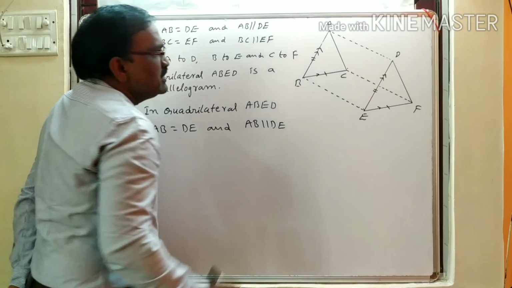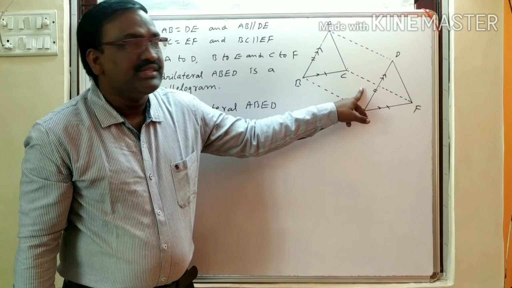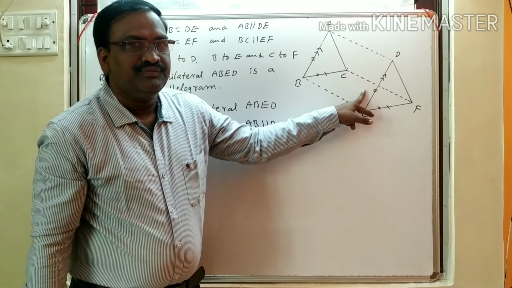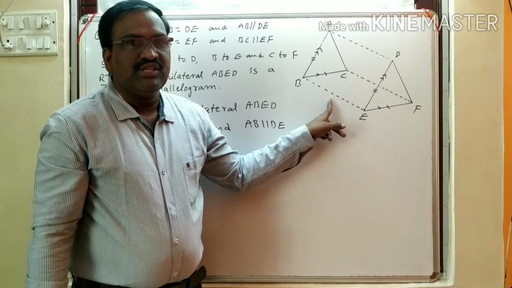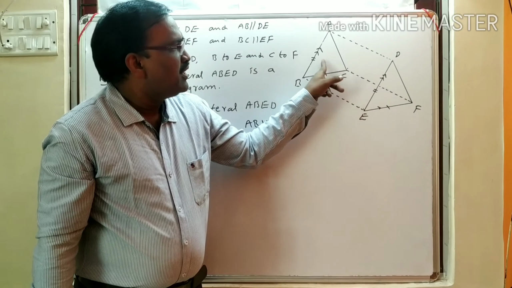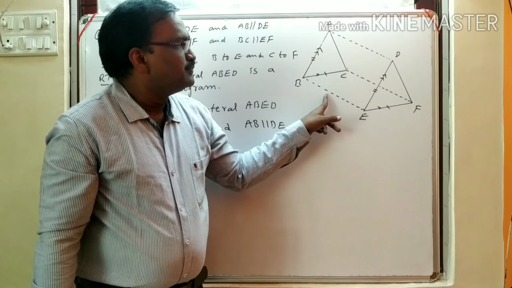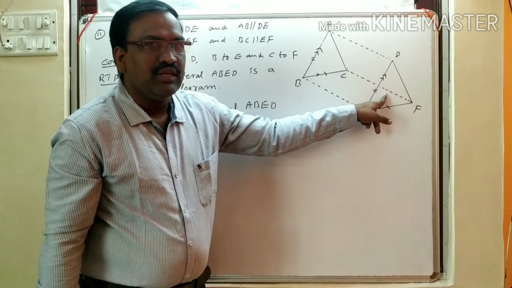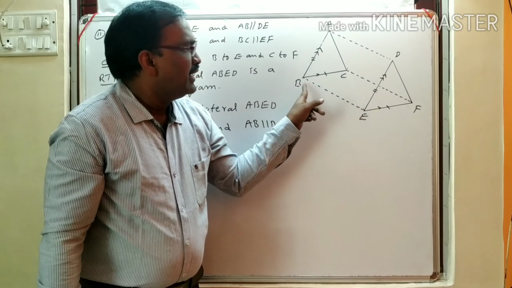See, in a quadrilateral, one pair of opposite sides are parallel and equal. Then what is the quadrilateral? Already discussed the properties of parallelogram. In any quadrilateral, if one pair of opposite sides are parallel and equal, then that is a parallelogram. So here AB is equal to DE, AB is parallel to DE. Therefore, ABED is a parallelogram.